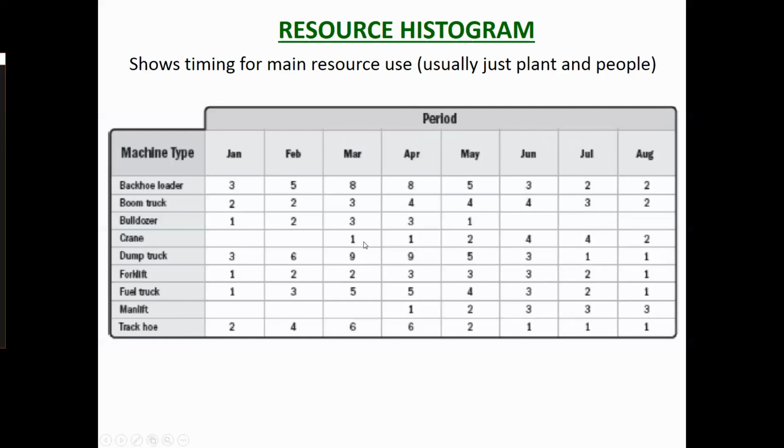This crane, you're there for 1 week in March, 1 week in April, then you really start using it towards the end. So you might start looking at that and saying, well, cranes are really expensive, and for three weeks out of the 4 in that month of March, it's actually not going to be doing anything. Can we do something different? Here it looks like there are several dump trucks and stuff like that. So once again, you're looking at not just when the resources are coming, when they're being used, but also how wisely they're being used. Are they being fully utilised when they're actually on site and costing you money? Which is quite an important thing to consider.